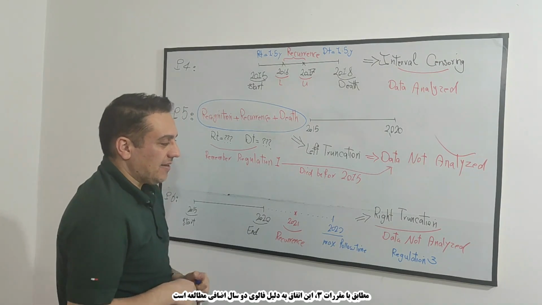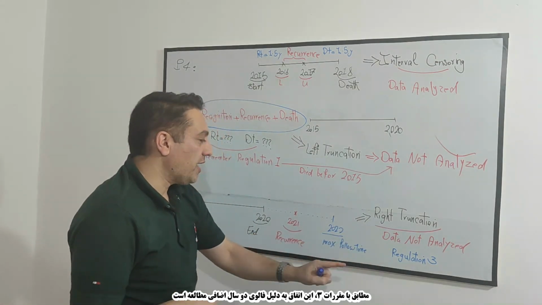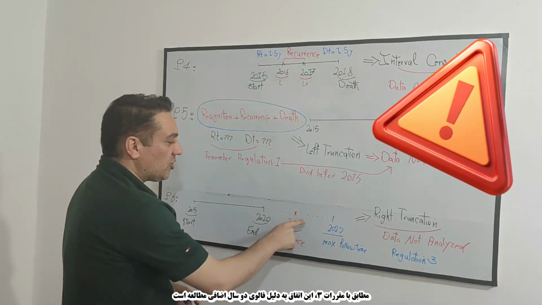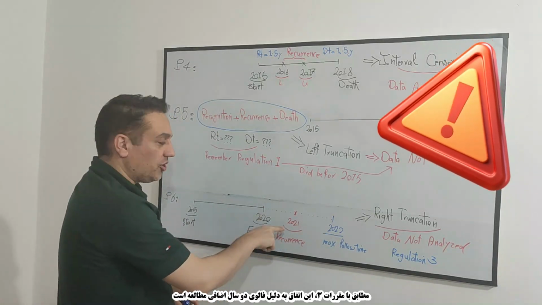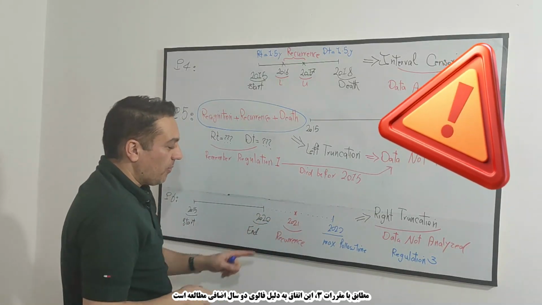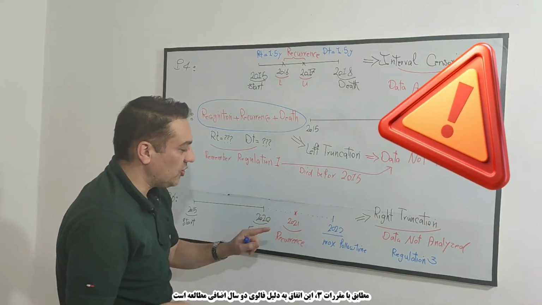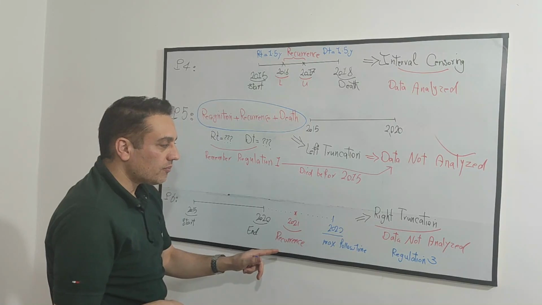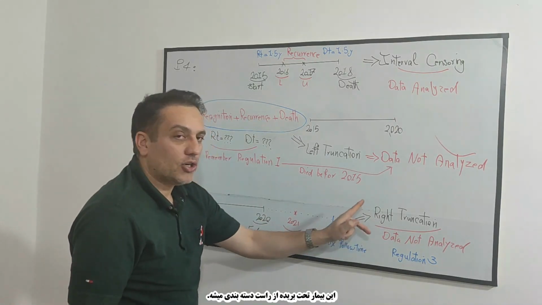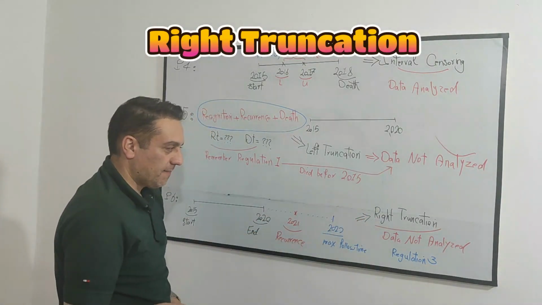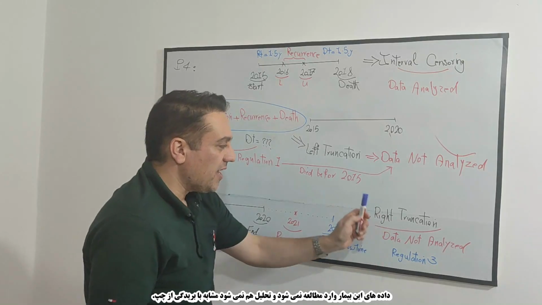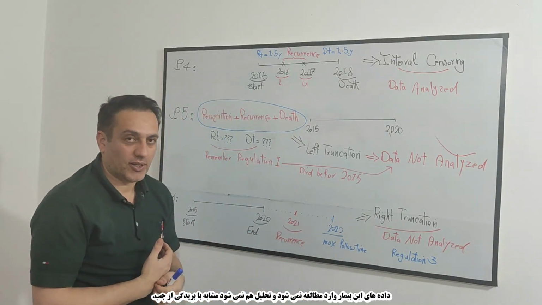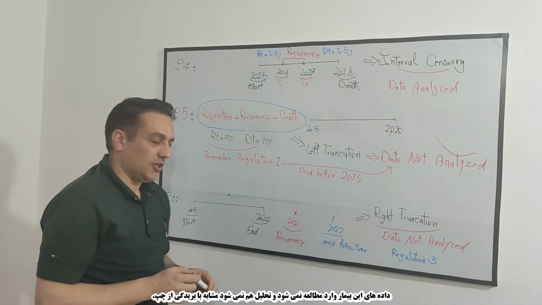And since in regulation 3 we said that we followed patients another 2 years after the end of the study, and we noticed that this patient has recurrence in 2021, this patient has right truncation. Data of these patients is not analyzed and not incorporated in the study, similar to left truncation.